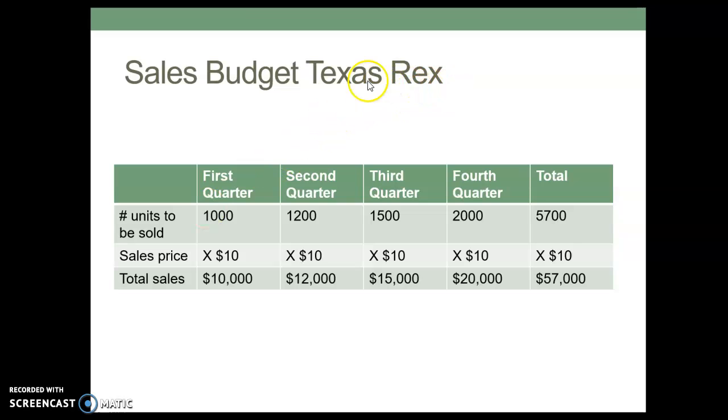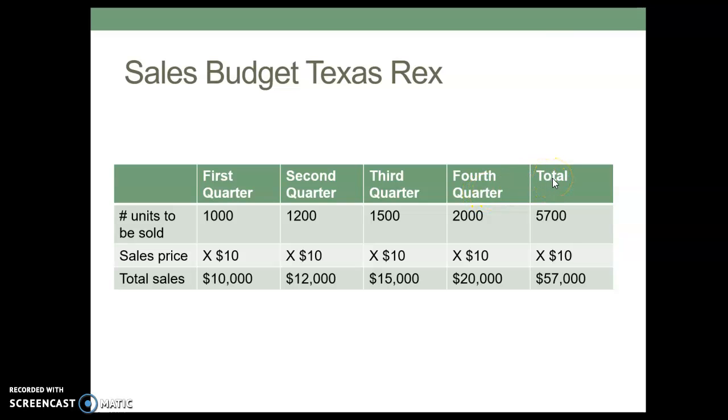All right, so Texas Rex, this is the one done in your book, so you can follow along if you're looking at your book, is divided into quarters. Some budgets are divided into months, so they'd have 12 month columns listed out, but Texas Rex is doing theirs in quarters, which is a 3-month period.